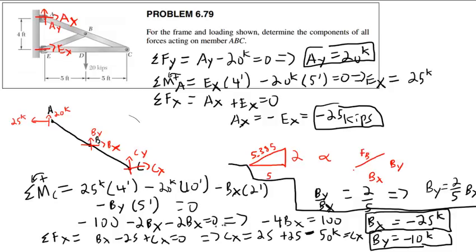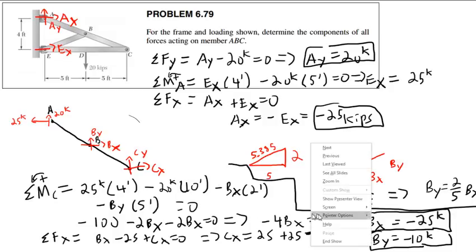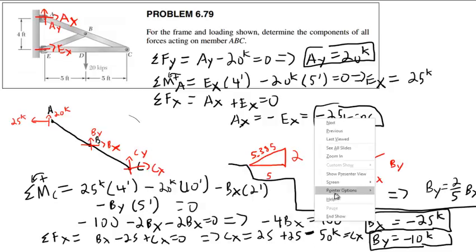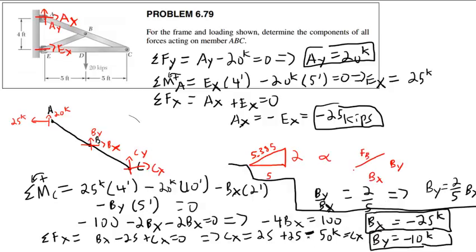Let me double check that. Wait a minute. BX, you know what? I'm just, 50 kips, positive 50? Yep. Okay, we're good. So yeah, CX is positive 50 kips, or 50 kips to the right. And then finally, summation of forces in the vertical direction is 20 kips.